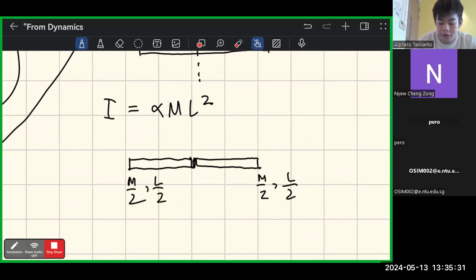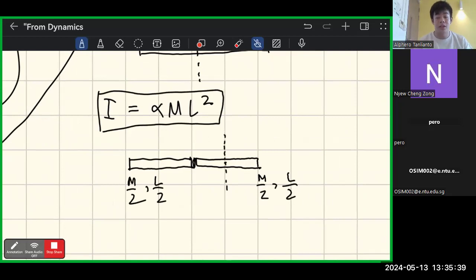It's pretty logical, right? So obviously, if we have this general form of a uniform rod, of course half of a uniform rod is also a uniform rod.